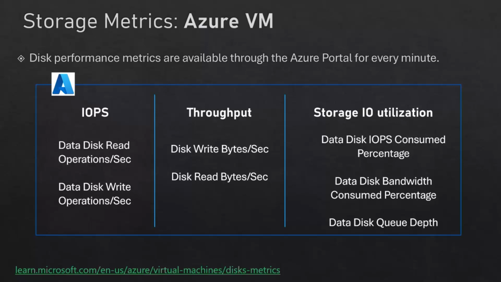Since Azure is a provisioned resource, where we know that we have provisioned something with some value, it will always tell you what percentage of that is utilized. So if at any point you see that these counters are hitting 100% utilization, you need to figure there is a cap, and you need to look for issues. The disk performance may decrease. You also have data disk queue depth available with Azure VM.